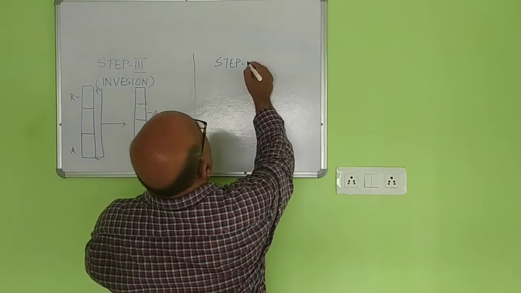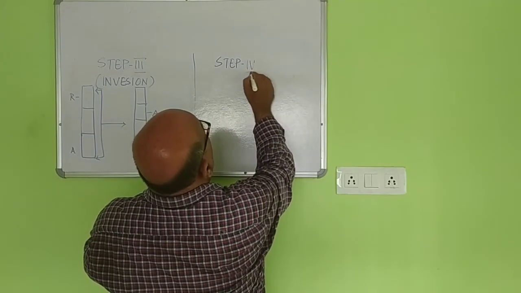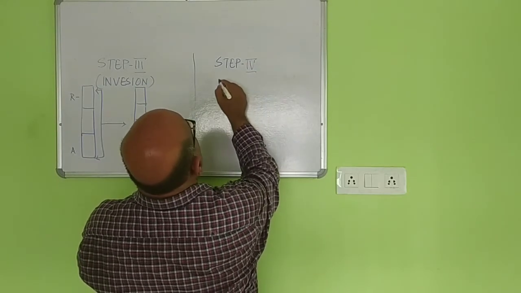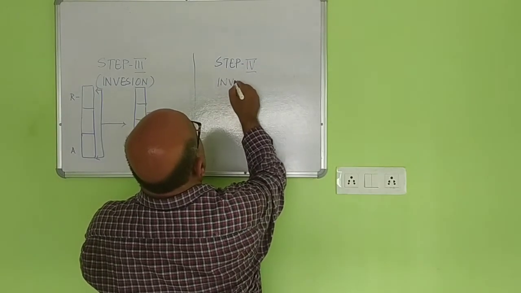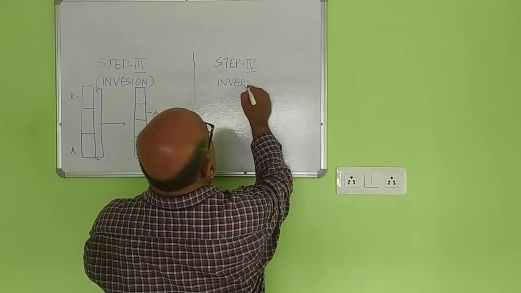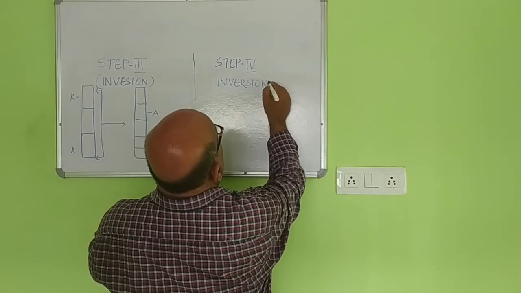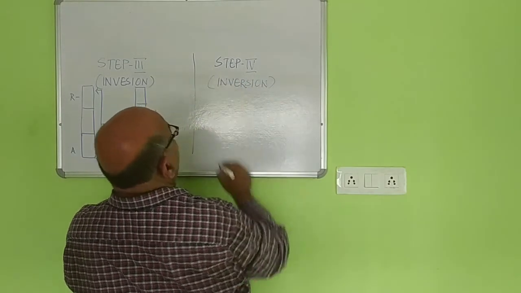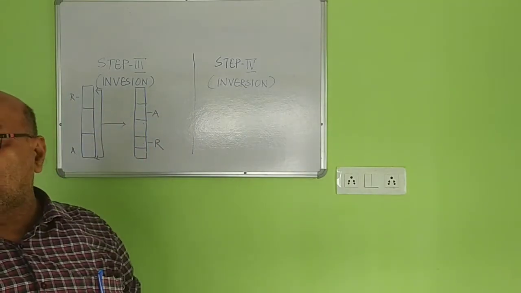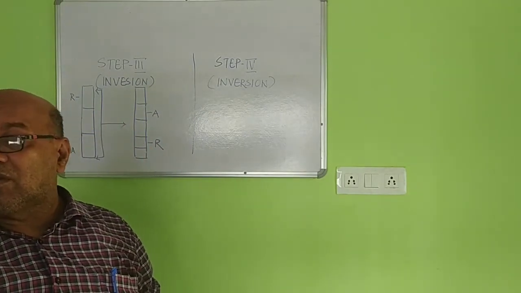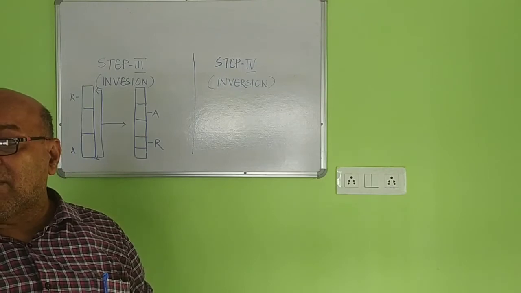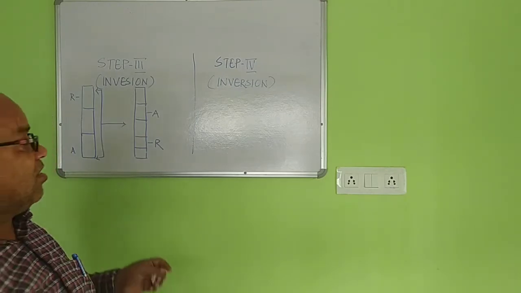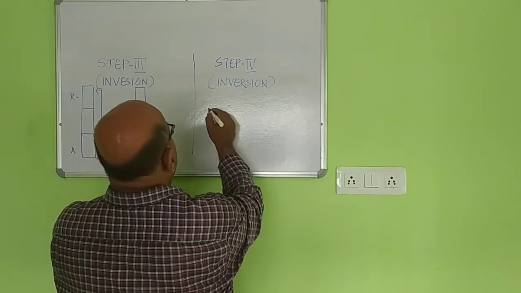Step 4, inversion. If you observe the step for inversion, you take here your T. That's another chromosome segment.